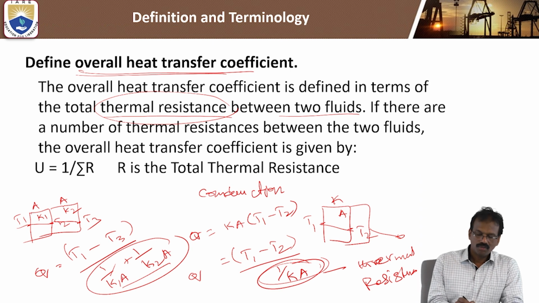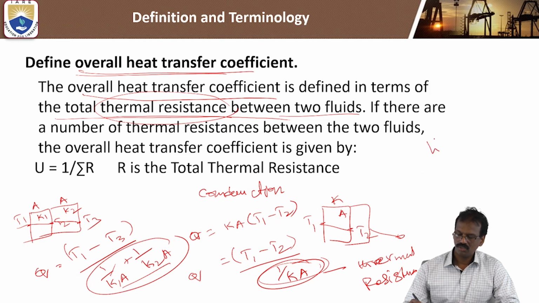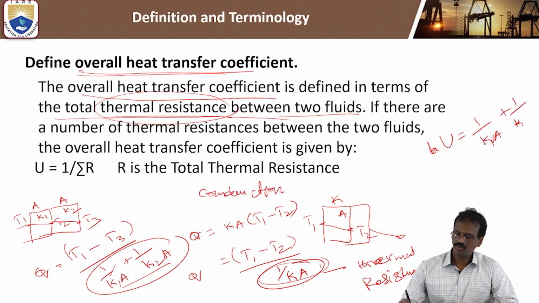Here the overall heat transfer coefficient is defined by the total thermal resistance between the two fluids or two slabs. The overall heat transfer coefficient is represented by U, which is equal to 1 divided by the total thermal resistance, that is 1 by K1A plus 1 by K2A.